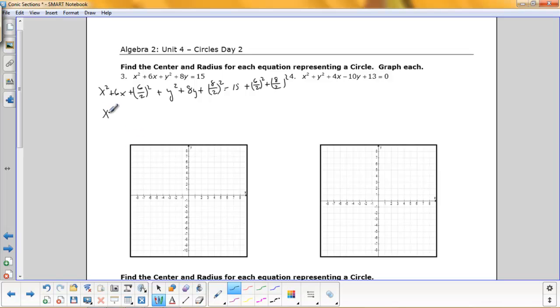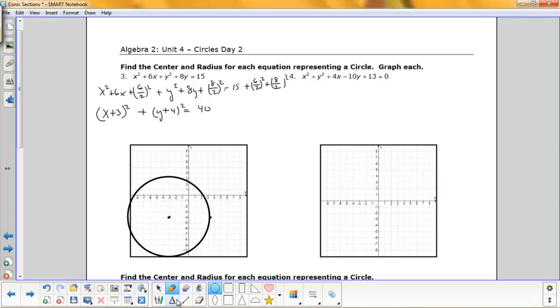So that's going to be (x plus 3) squared plus (y plus 4) squared equals 40. Alright, not as nice of a radius, but that's okay. We're going to go ahead and set our center at -3, -4, and one, 2, 3, 4, 5, 6. A little bit more than 6 is going to be the radius of your circle.